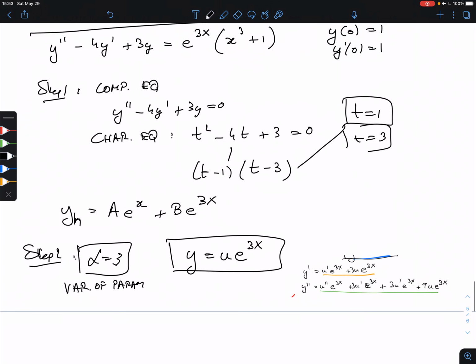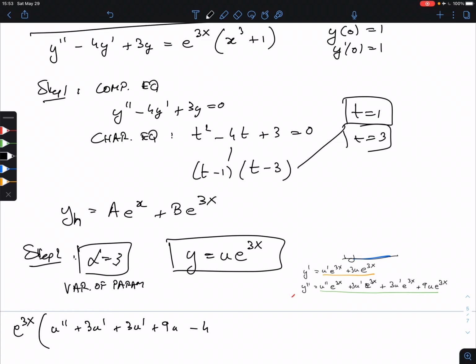Okay, so now I can plug this into the equation here. In this equation that you should see on top there, we know that we can factor out this e to the 3x, and then what we have left: the y double prime contributions are u double prime plus 3u prime plus 3u prime plus 9u. All the green stuff, right? But without the e to the 3x that is factored out.